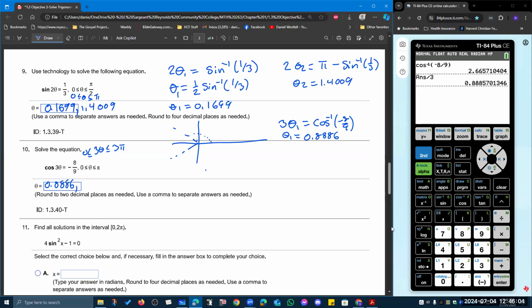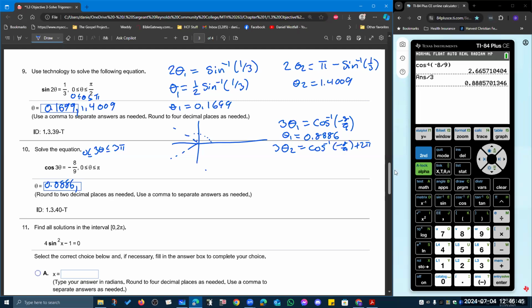Now my next answer comes from the same one, but if I add 2 pi to my original. Because I'm allowed to be between 0 and 3 pi, that would be less than that. So the second answer is this plus 2 pi.